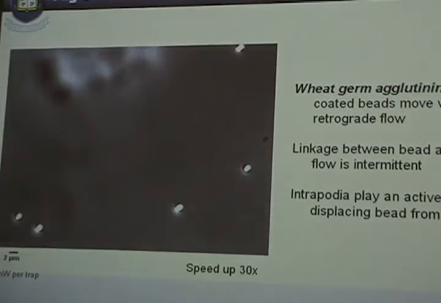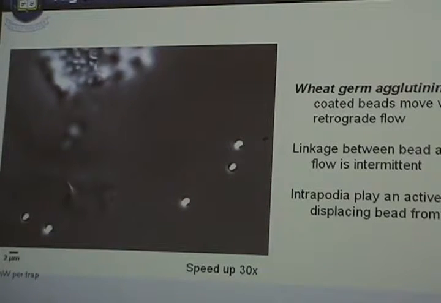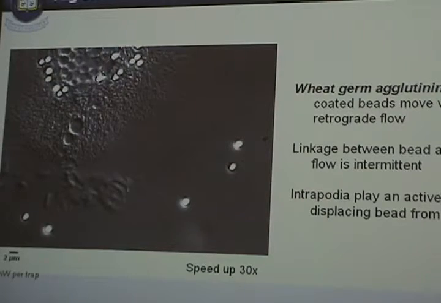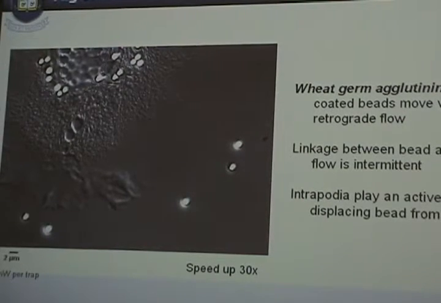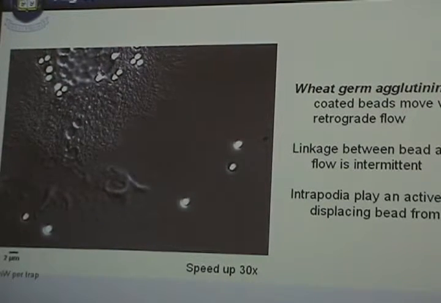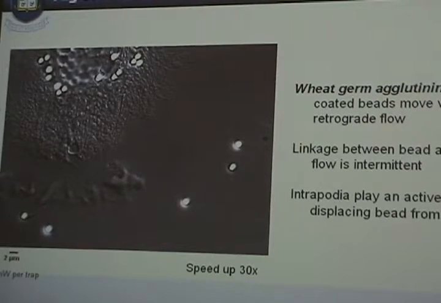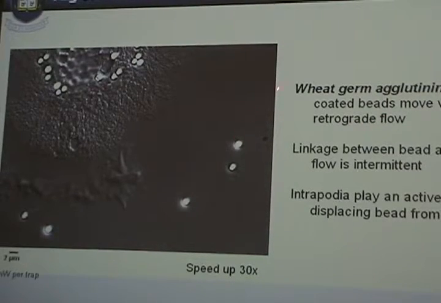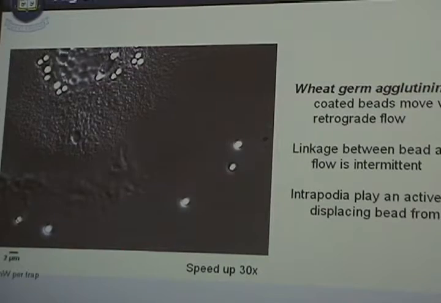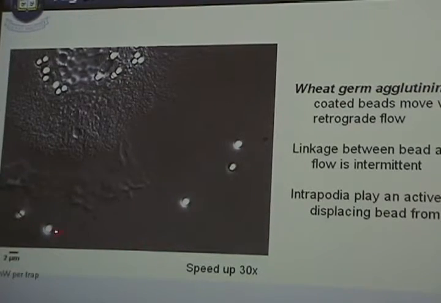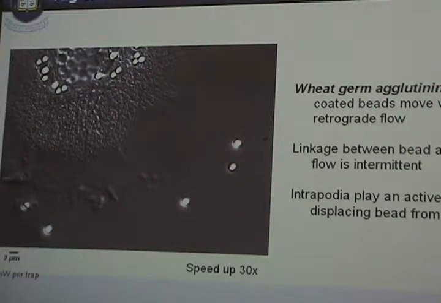A type of experiment we're doing is taking beads that are being trapped with optical tweezers, and these beads are coated with a substance that cells recognize as adhesion sites. It's called vitronectin. Here you can see the edge of the growth cone, the large flat region, and each of these beads is initially in an optical trap.